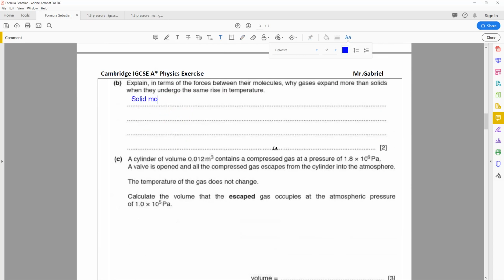Solid molecules have super strong forces of attraction between each other.